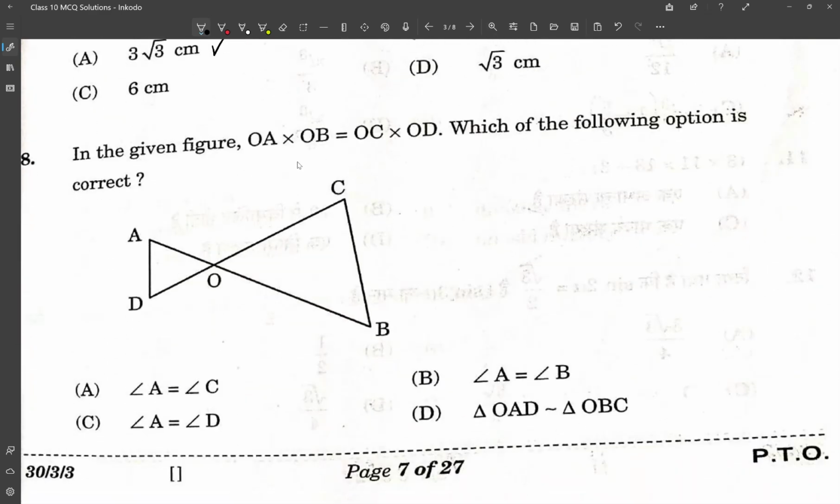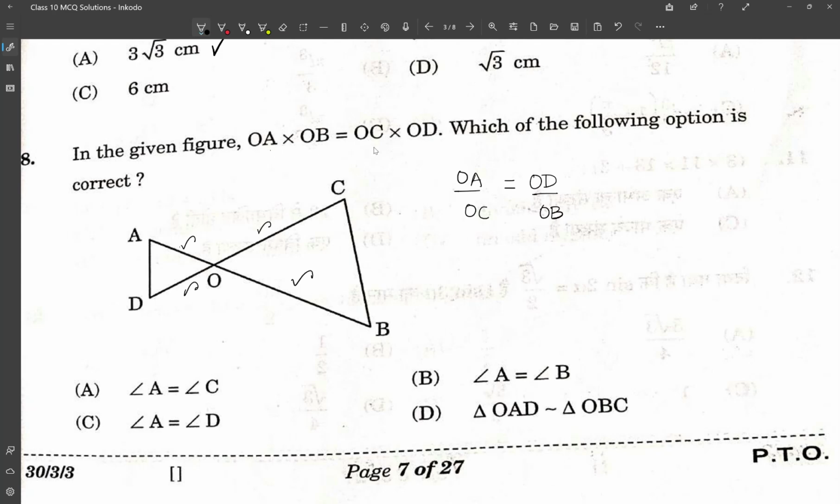In this given figure, OA times OB is equal to OC times OD. Now, this is OA into OB and OC into OD. So what we can do is OA and OC can be equated to OD and OB, correct?